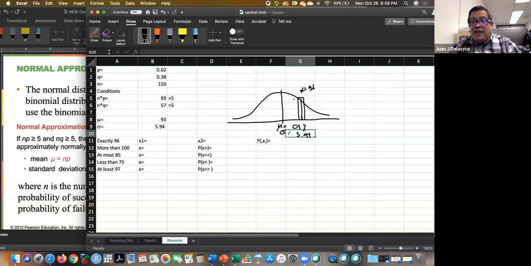I'm going to subtract 0.5 and add 0.5. So my x1 here is going to be 95.5. And the other one is going to be, hold on, I made a little mistake.